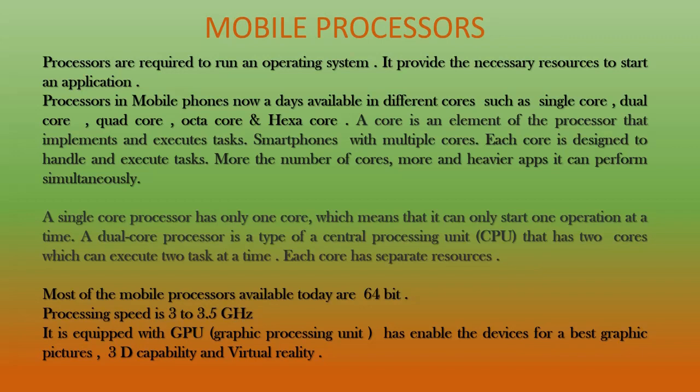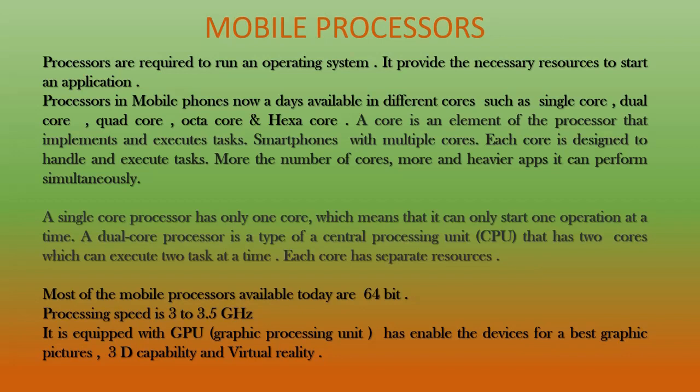So mobile phones are available in different cores. Most of the mobile phones available nowadays are 64-bit mobile phones whose speed is in the range of 3 to 3.5 gigahertz.